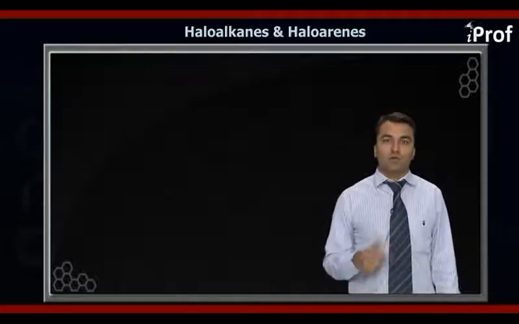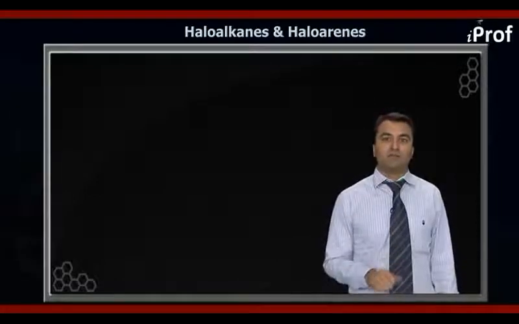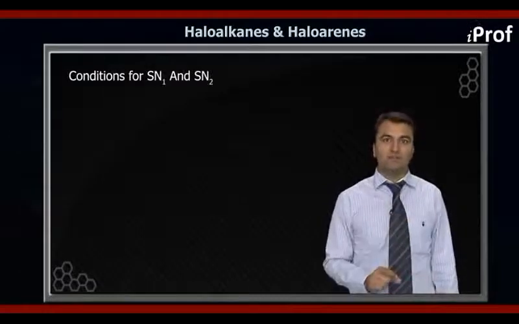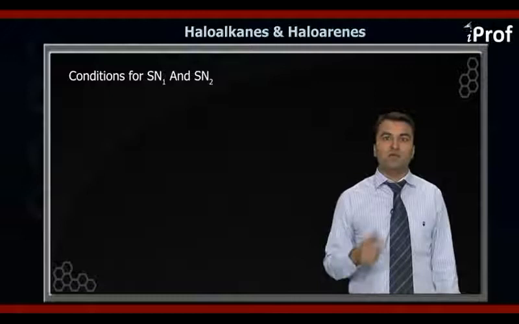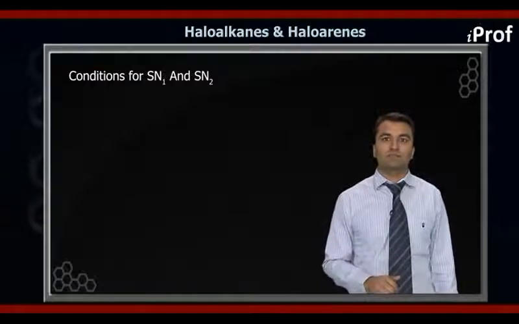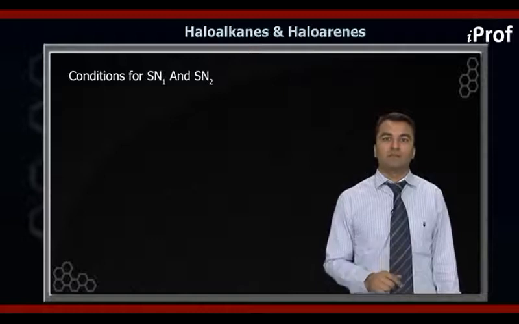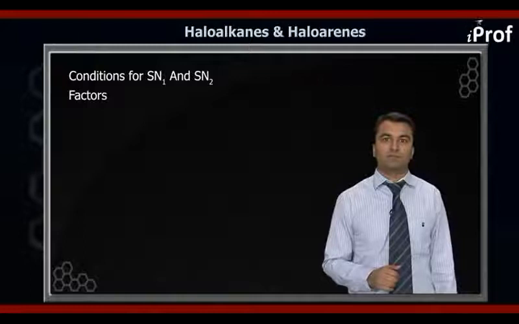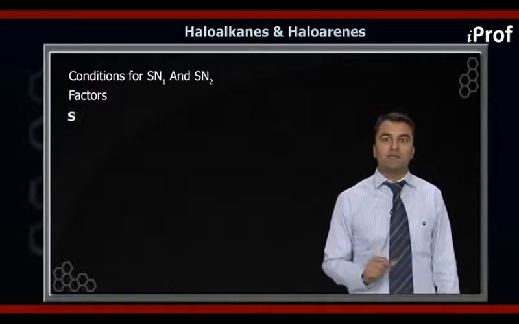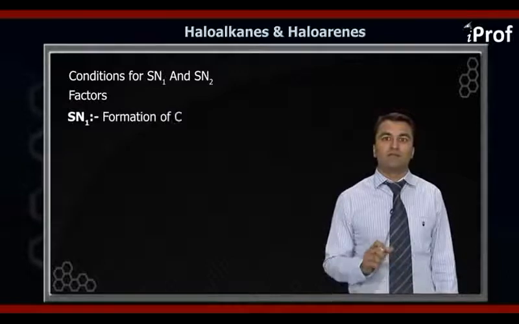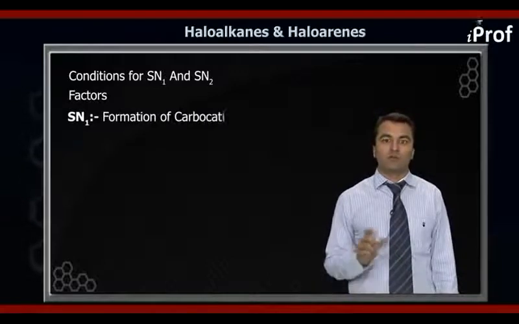Now the question is under what conditions the SN1 mechanism will take place and under what conditions the SN2 mechanism will take place. That is decided by some factors. In the SN1 mechanism, there is a formation of carbocation.